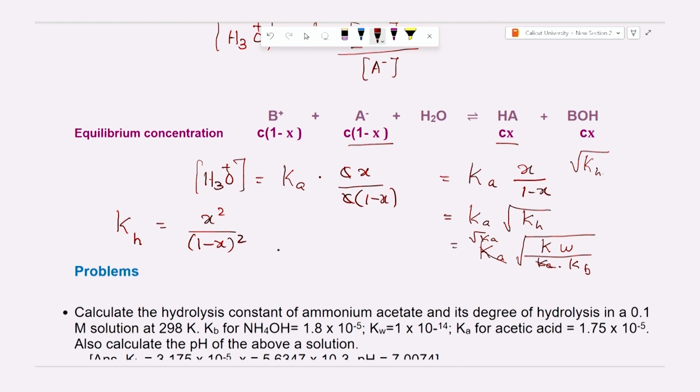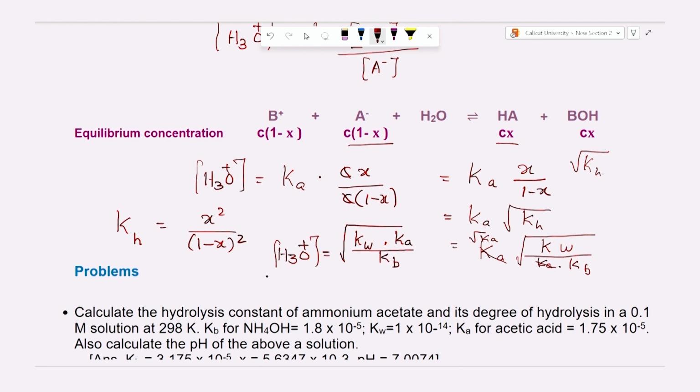And finally, I can put this expression as H3O plus is equal to root of Kw, this Ka goes into the root, so that becomes Ka, whole divided by Kb.